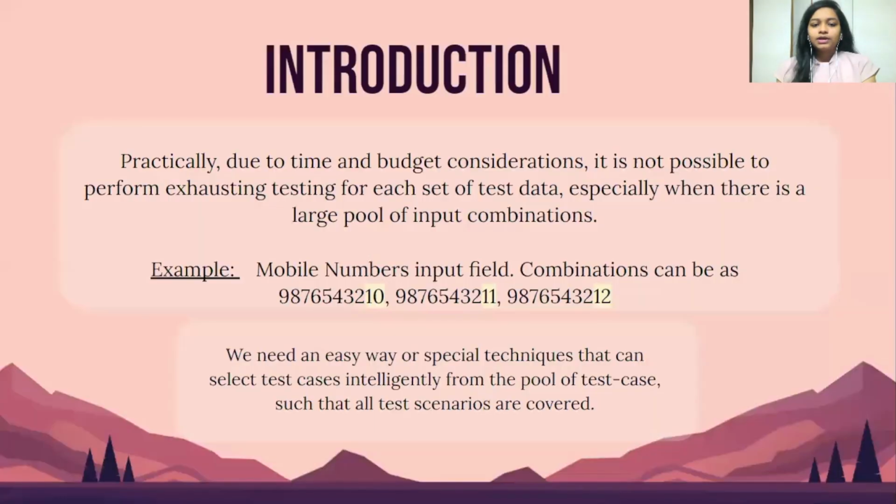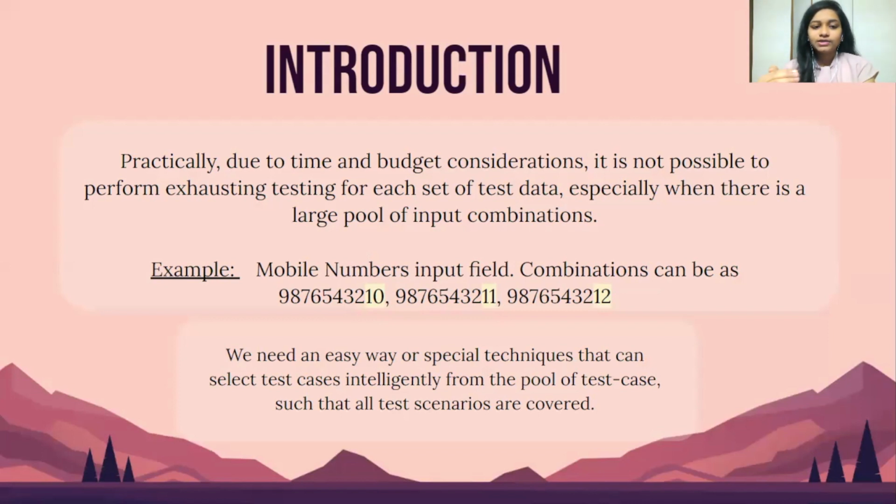Considering the time we get to execute a test case, or the budget constraints and the limited resources we have, we won't be able to cover all the scenarios or all the data we need to test. So with a large pool of combinations or a large input, we can't test each and every single value.